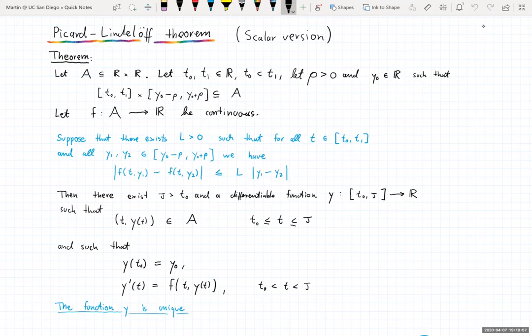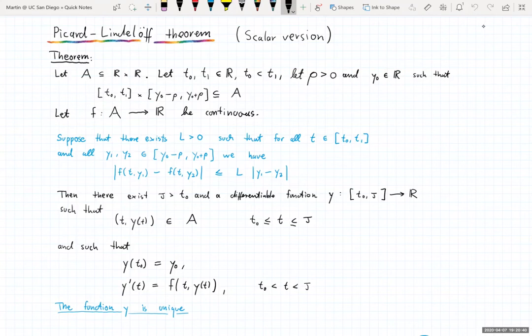We suppose that there exists a positive number L such that for all times t in the interval from t0 to t1, and for all y1, y2 in the interval from y0 minus rho to y0 plus rho, we have the following inequality, namely the absolute value of f of t, y1 minus f of t, y2 is bounded by L times the absolute value of y1 minus y2.